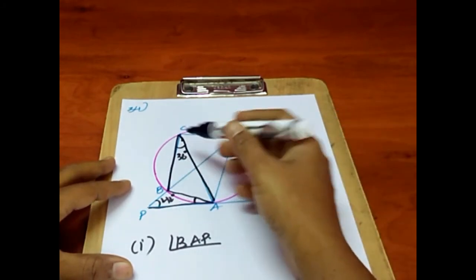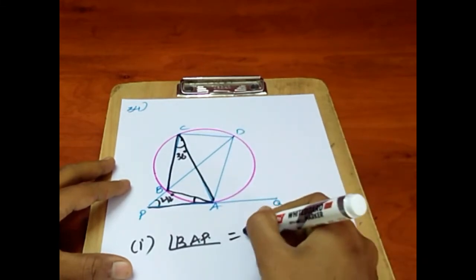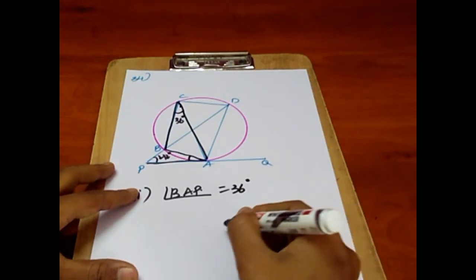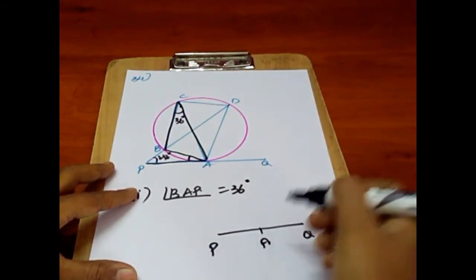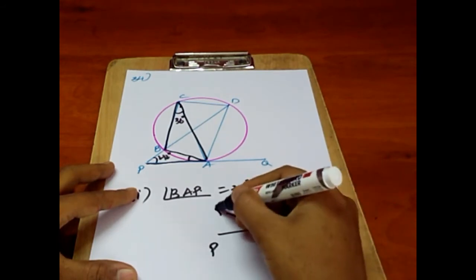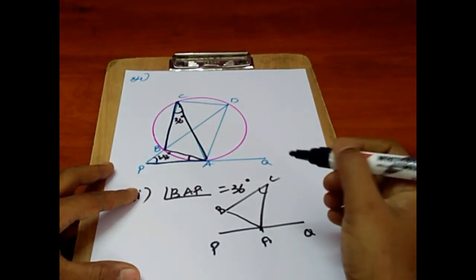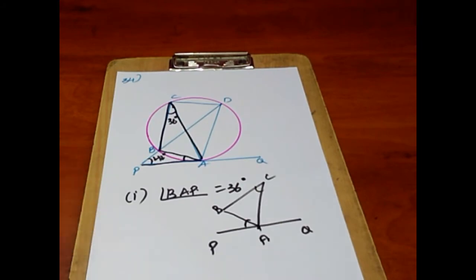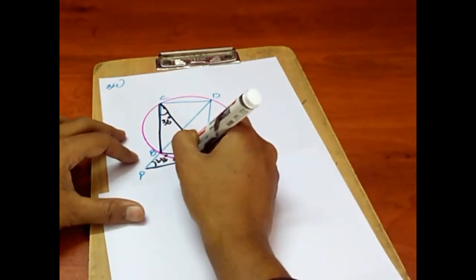Hence, angle BCA and angle PAB are equal to 36 degrees. PQ is a tangent, the intersection point is A, the chord is AB, and the angle in the alternate segment is angle BCA. Hence, the measure of angle BAP is equal to 36 degrees. That is point number 1. Just fill it in the diagram also, 36 degrees.